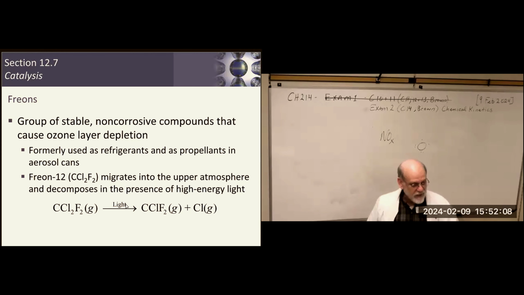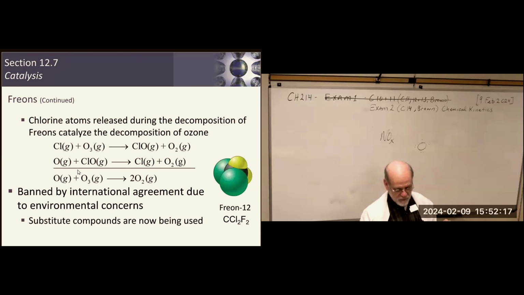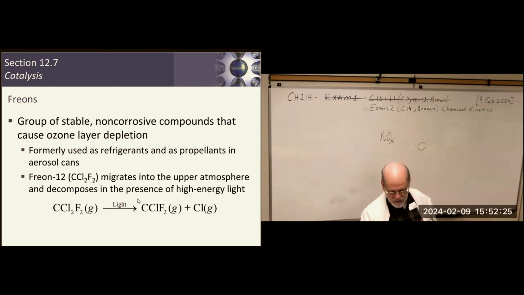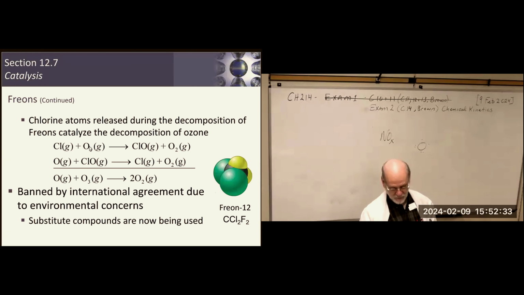Anyway, freons. Freons have been identified as catalysts in the upper atmosphere, and they are responsible for decomposition of ozone also. They actually decompose in such a way that they produce this free radical chlorine atom. Right, so it has one unpaired electron, and it's nasty when it comes to ozone.